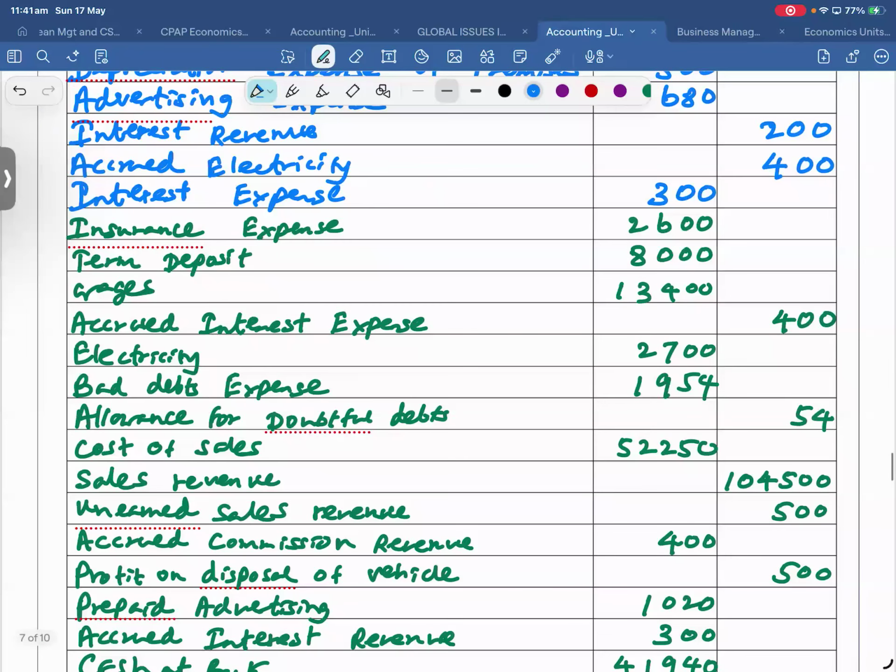Accrued commission revenue, current asset. Yes, sorry, we hadn't done them. Prepaid advertising 1,020, current asset. Prepaid advertising 1,020.